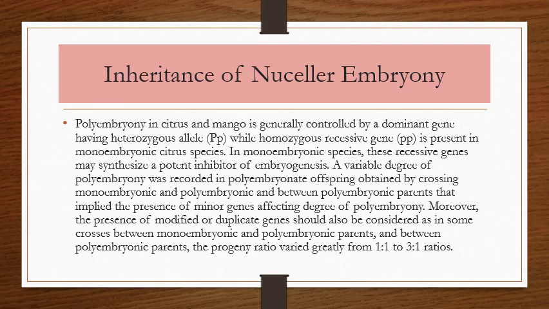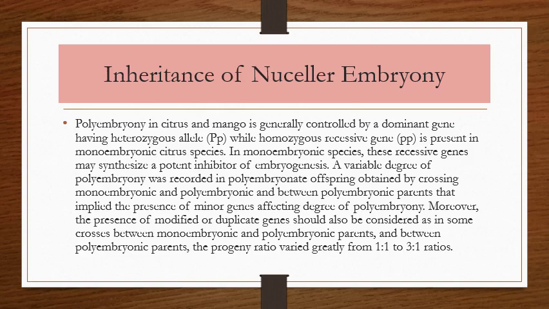A variable degree of polyembryony was recorded in polyembryonate offspring obtained by crossing monoembryonic and polyembryonic parents, and also between the polyembryonic parents, that implied the presence of minor genes affecting the degree of polyembryony.